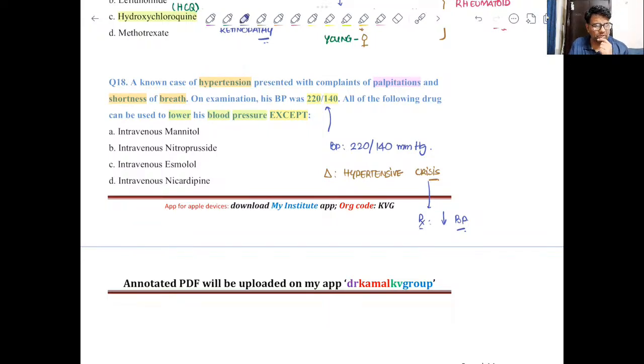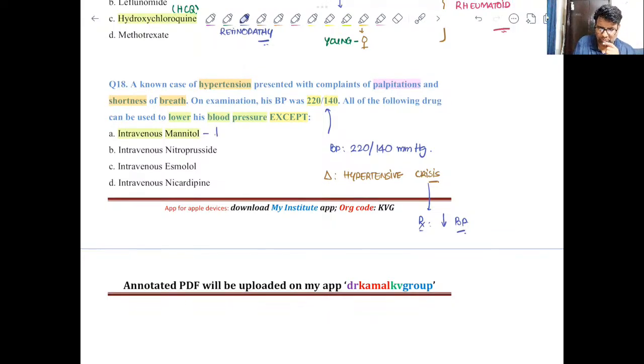Very good, Dr. Poo. Very good, Dr. Siva. There is no need to give intravenous mannitol because this is principally used to reduce intracranial tension or intraocular pressure in case of glaucoma. So there is no mention of mannitol in case of hypertension or in case of reduction of blood pressure in case of hypertensive crisis, right?